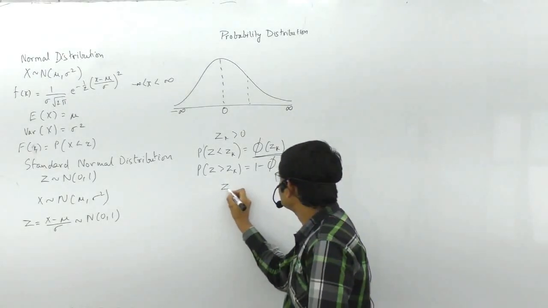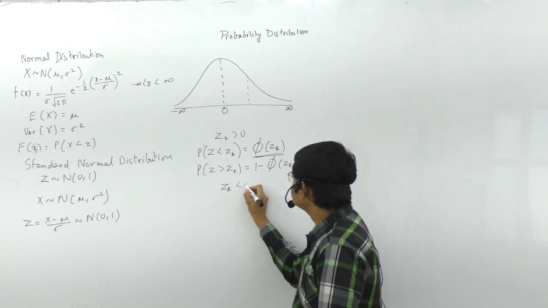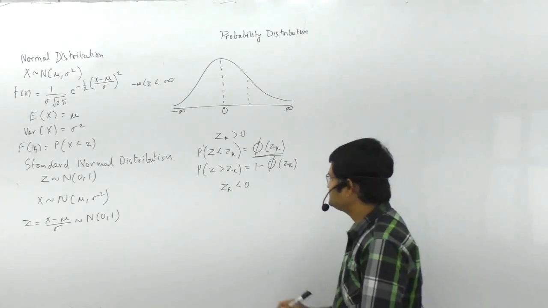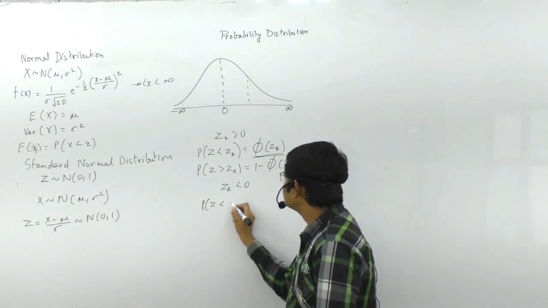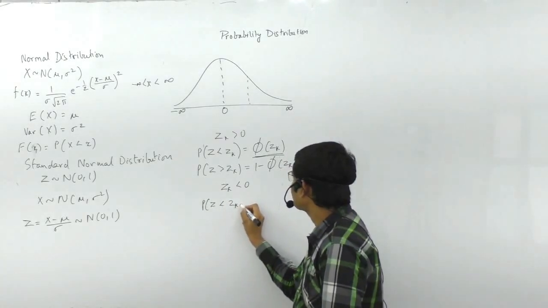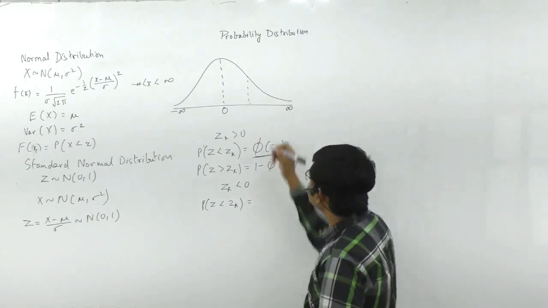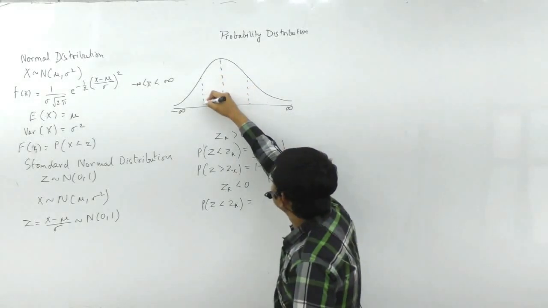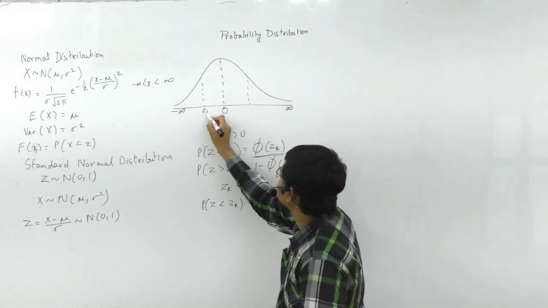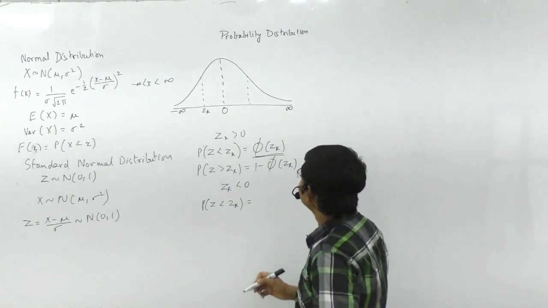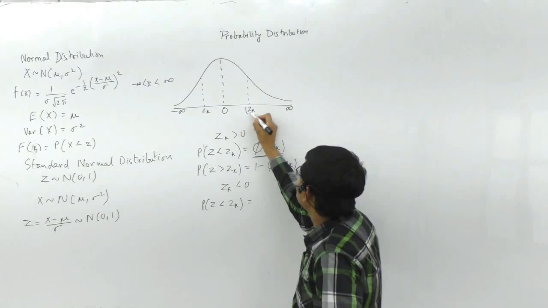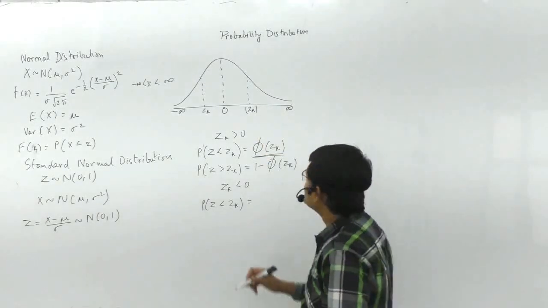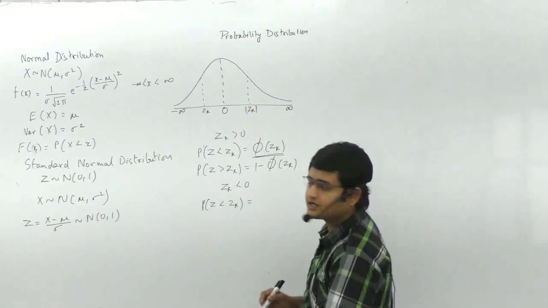Then what if zk is less than 0, a negative value? Then the probability z less than zk. Let's say this is that particular value zk. If this is zk, there will be a positive value on the other side, let's say mod zk. Probabilities of positive values are given.